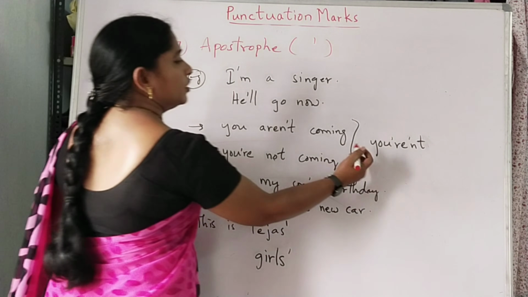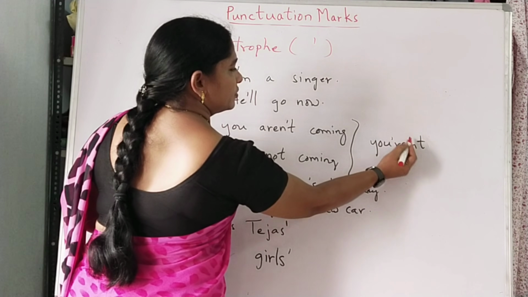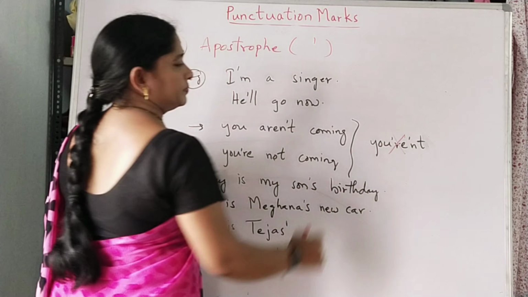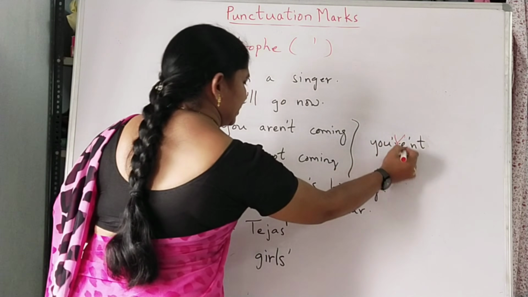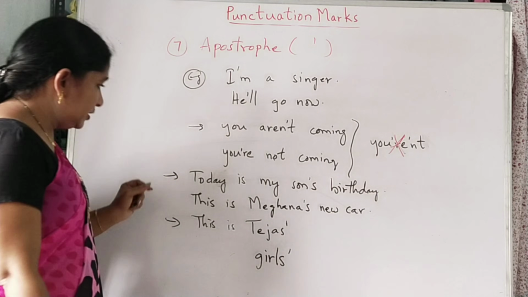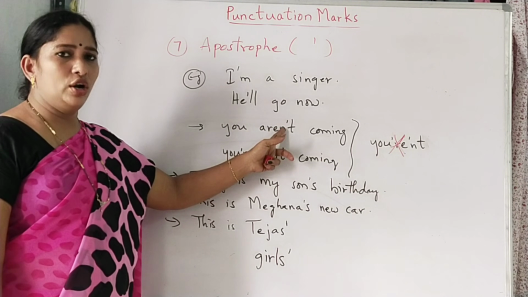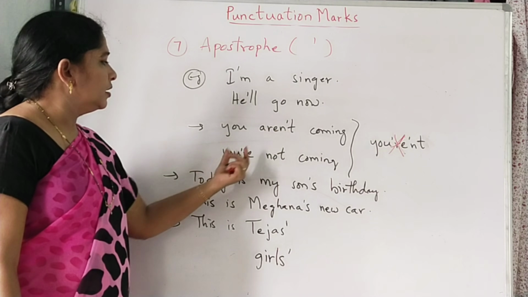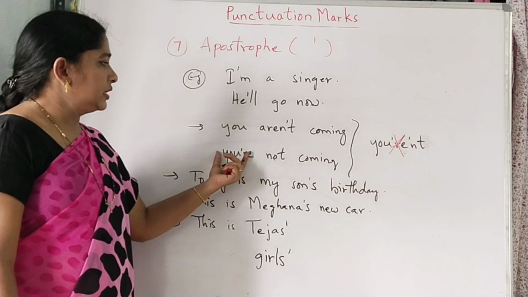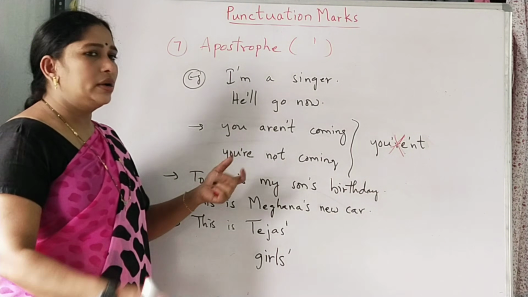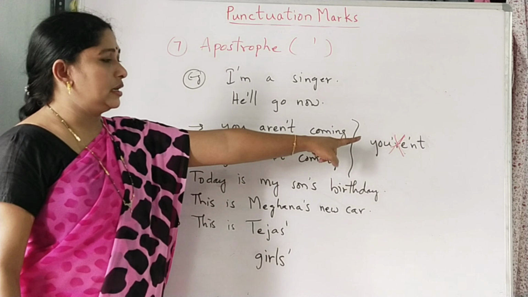We should not make you're and n't both contracted. This is the wrong method. We should not write like this. Got it? This way we can contract are and not, we can contract this one, but we shouldn't contract both there like that.